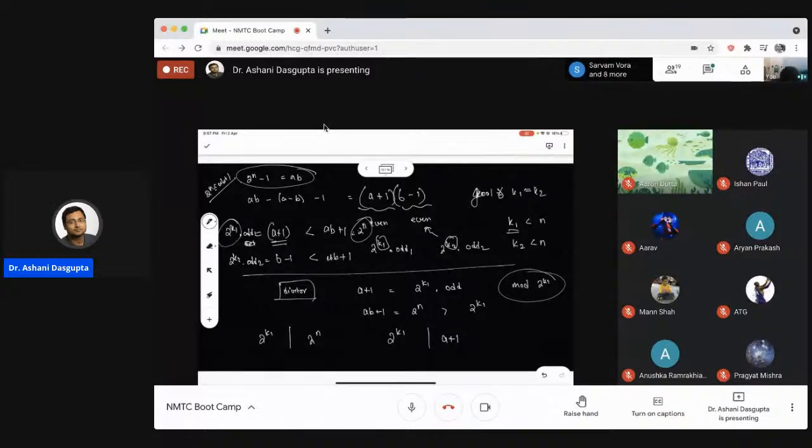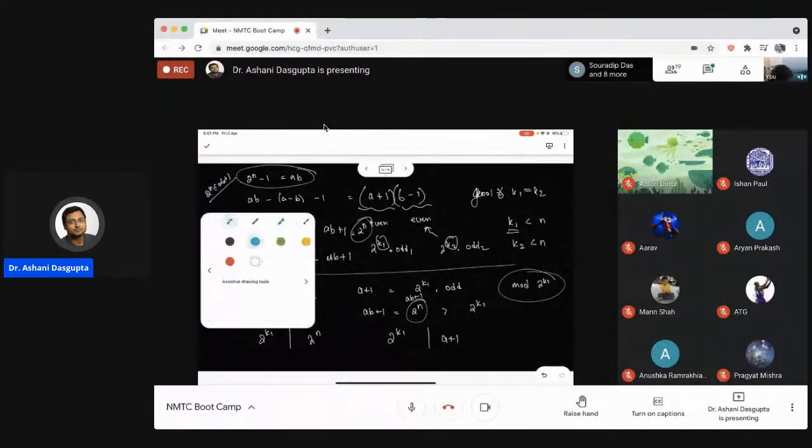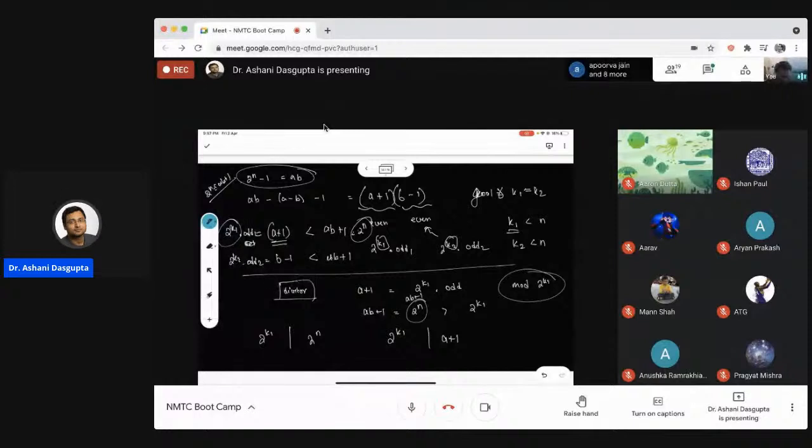I did this problem some time ago, so I don't clearly remember, but maybe this was how we can go about it. ab plus 1 is congruent to 0 mod 2 to the power k1. This 2 to the power n is ab plus 1, right?